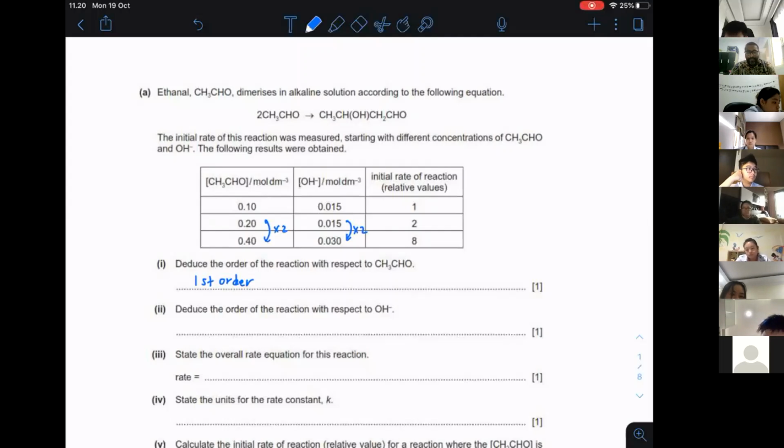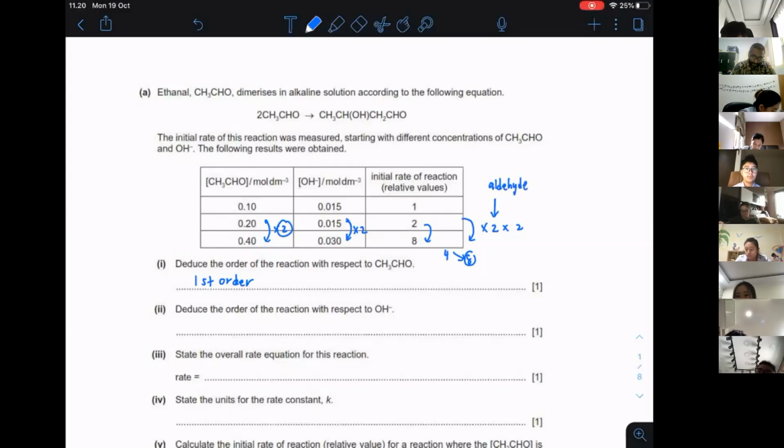When this is double, because it's first order, this is also going to be double. If I times that, I supposed to get 4, but there is also another times 2 which is going to make it into 8, because this is 8. So this is indicating that this one belongs to the aldehyde. This one, when you times by 2, this is going to be times by 2 again.